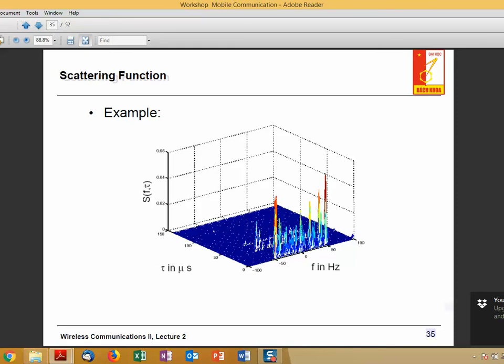Receive signal power. We have a very nice picture.